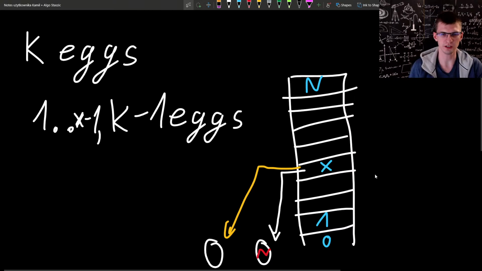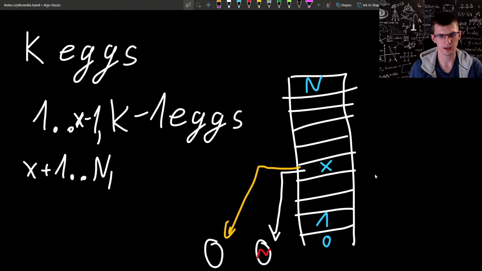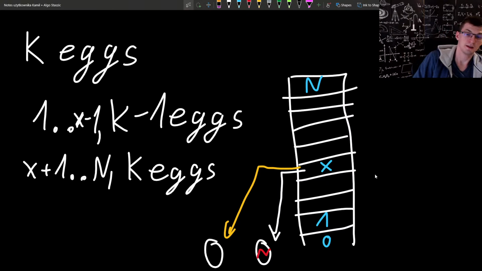So we still need to investigate floors x plus 1 up to n, and we still have k eggs. If the egg didn't crack, then we can still use it. This suggests we shouldn't drop an egg exactly in the middle, because it's better to have more eggs. We can do more, we can do it faster.